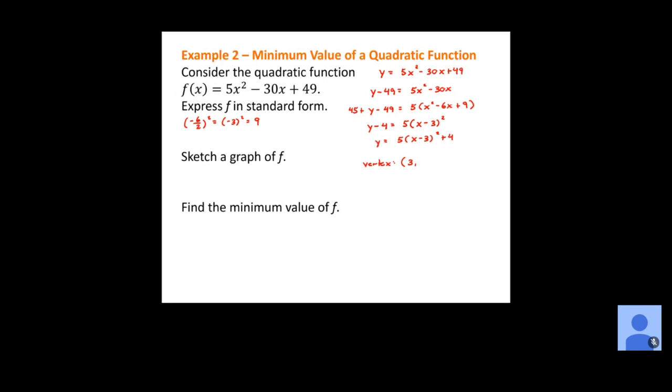And then the k value, which is the number on the outside, that's a positive 4. Now, because this says minimum value, we only care about the y value in this case. So I look at my vertex, I look at the y value, and so my minimum value is 4.